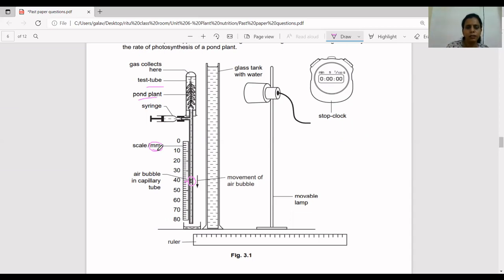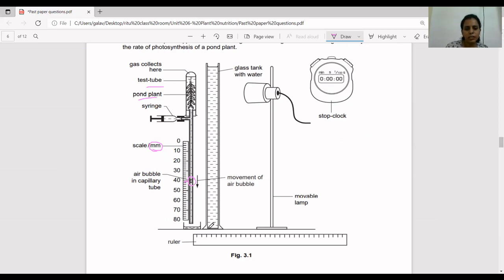This air bubble moves up and down, and it shows the amount of photosynthesis being done by the plant.